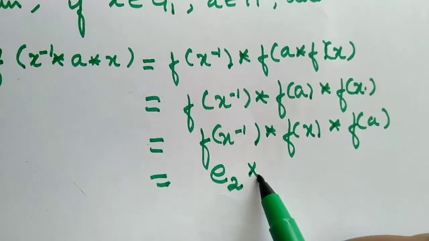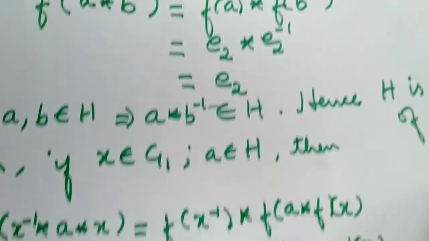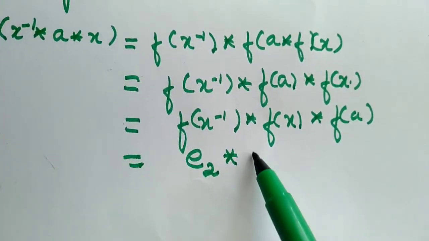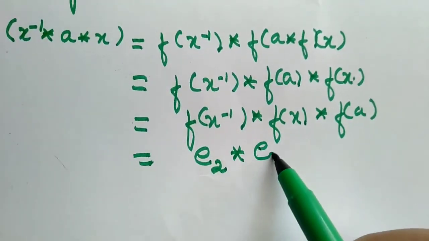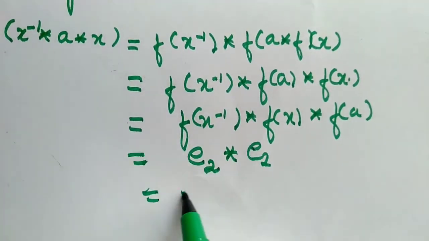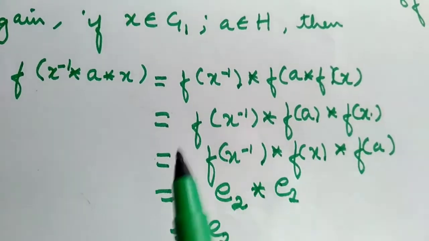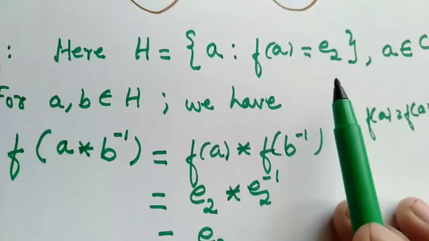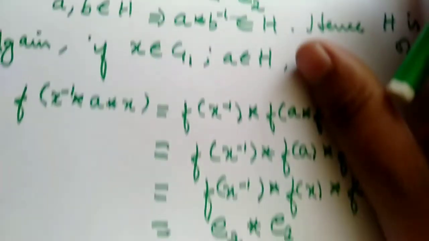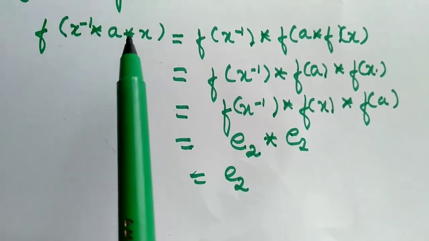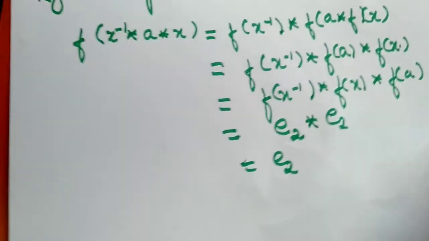And here also F(A) is nothing but E2, so we write E2, and it is equal to E2 itself. So F(A) is equal to E2, and here also F of X inverse star A star X is equal to E2.